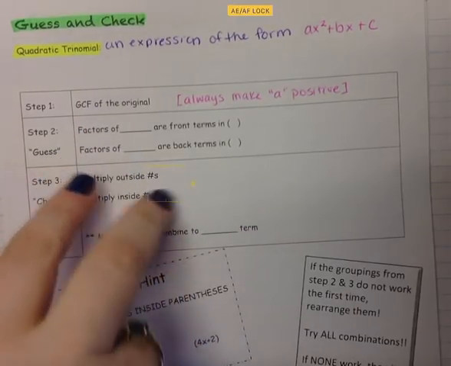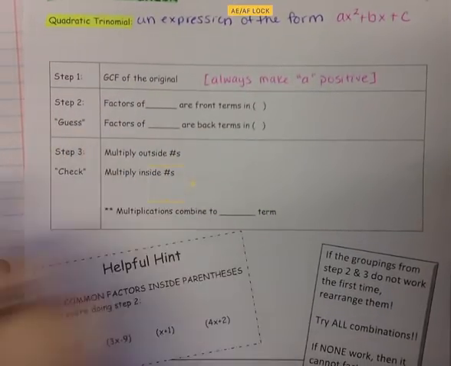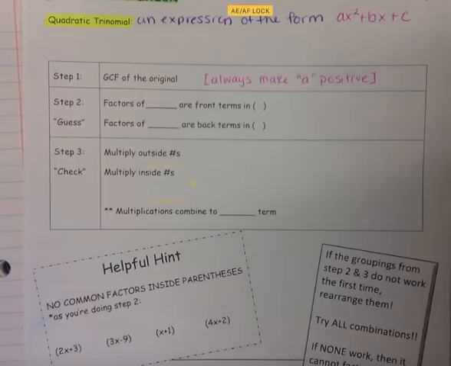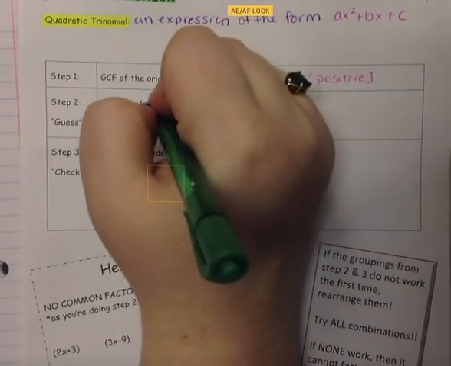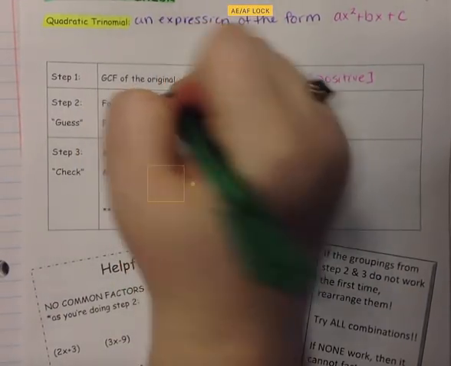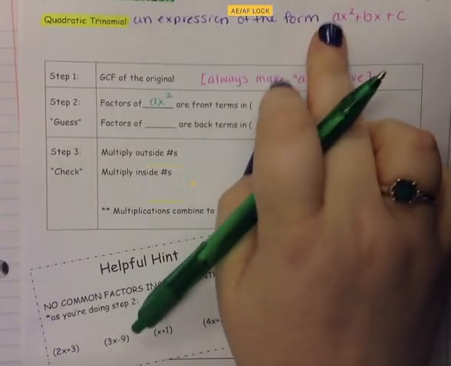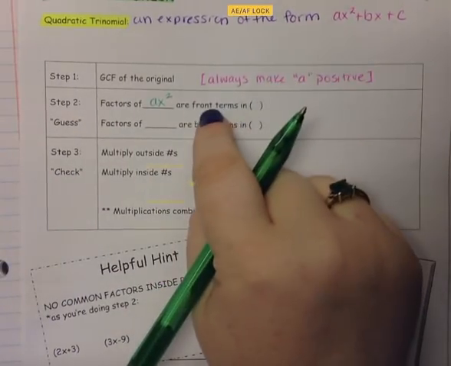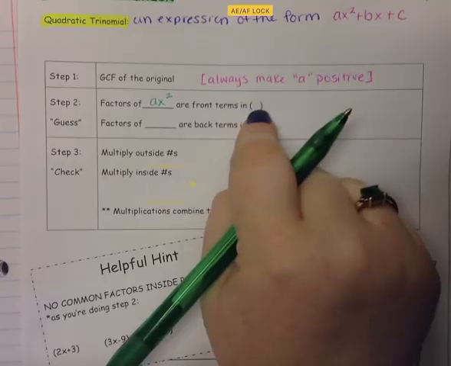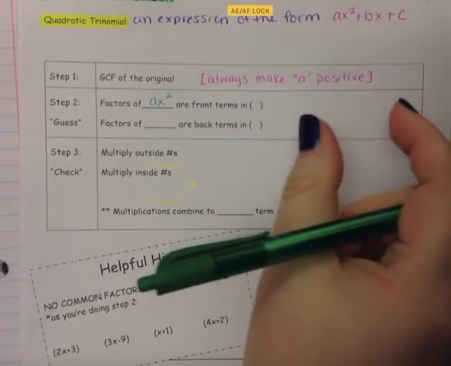The step to guess is you take the factors of the ax squared term. Those are the front terms inside the parentheses when you write out your two sets of parentheses.